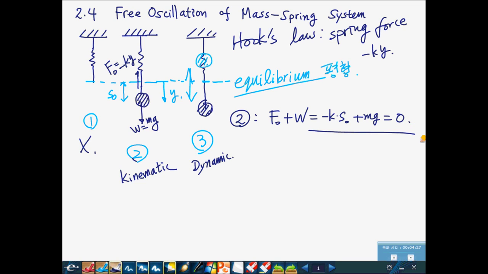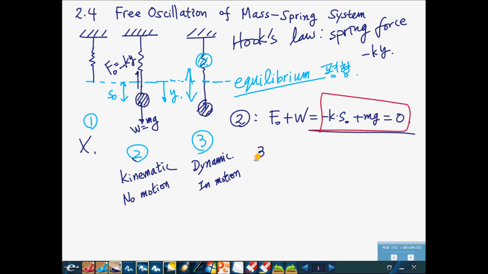Since it's in equilibrium, it doesn't move at all. No motion here on kinematics, and dynamics is in motion. And that's the mathematical relationship of the second state. Okay? So mg equals kS naught.